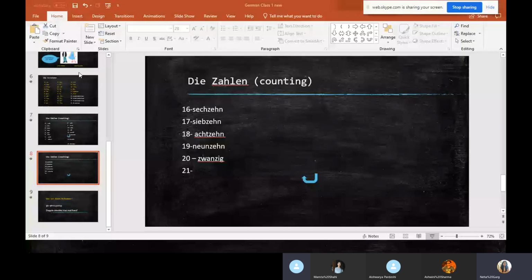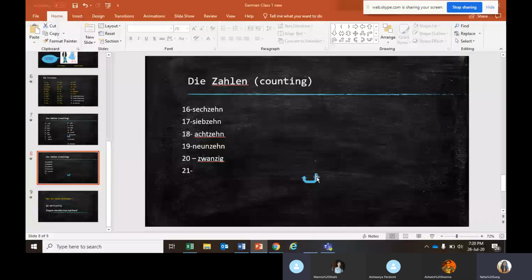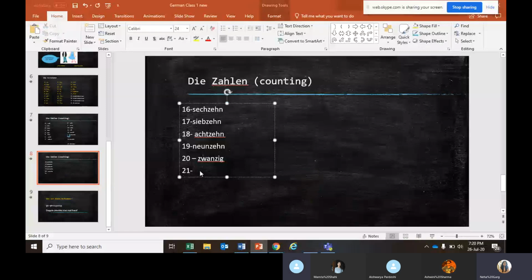So now, if we are writing 21, what is 1? Ein. Und means and. Once we are writing any number in German, no matter how long it is, there is no space in between. Just to make it clear, as of now I'm adding a space.